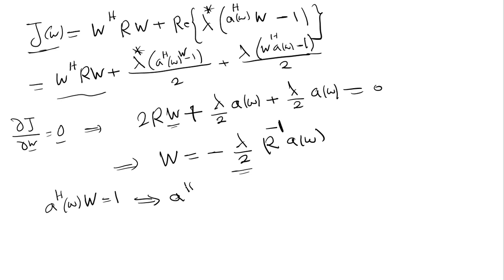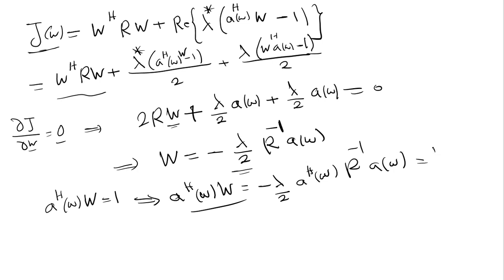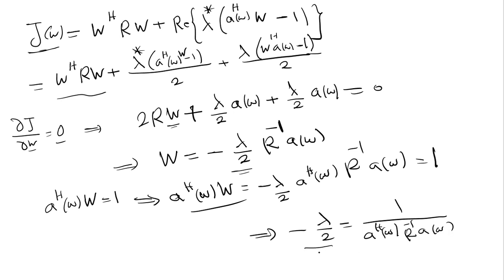So A Hermitian W equals minus lambda over 2 A Hermitian(omega) R inverse A(omega) equals 1. That means minus lambda over 2 is 1 over A Hermitian R inverse A, and we can substitute minus lambda over 2 with this term.